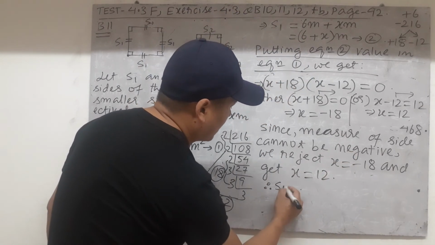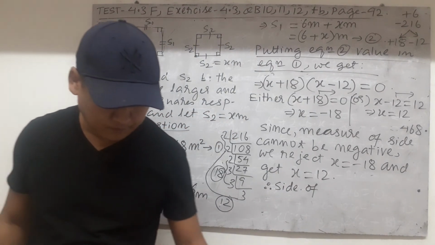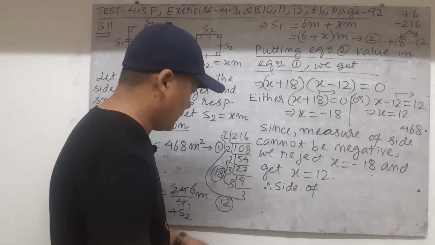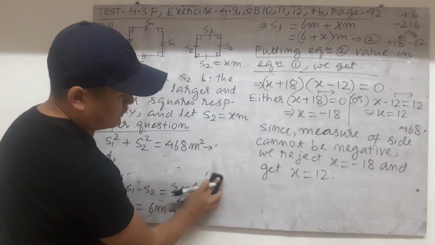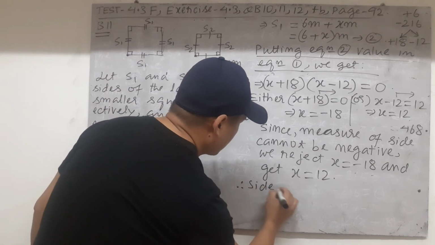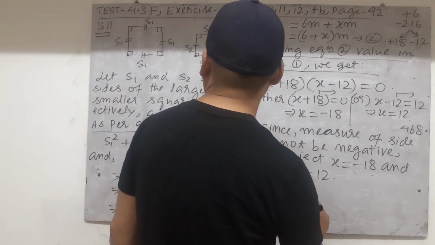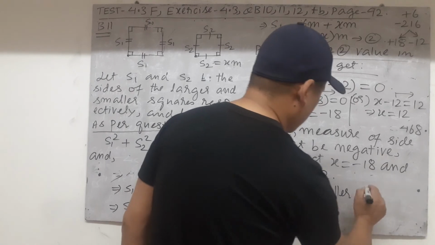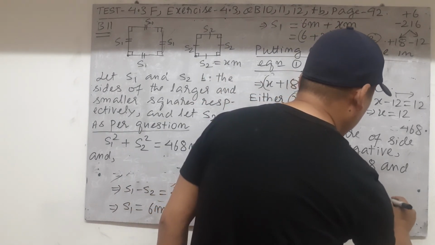Therefore, side of, look into the question last sentence, find the sides of the two squares. You can rub this out to make more space here. Therefore, side of smaller square or larger square, whatever you want to start with, smaller square, go and check.